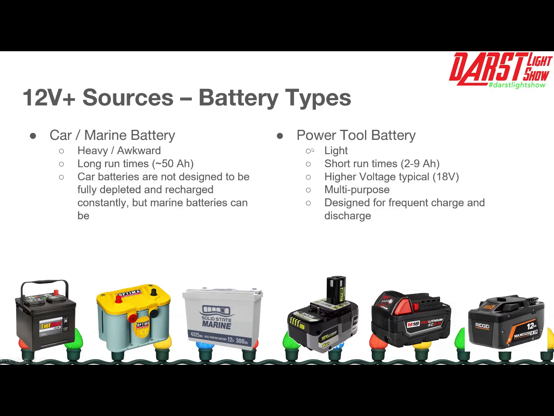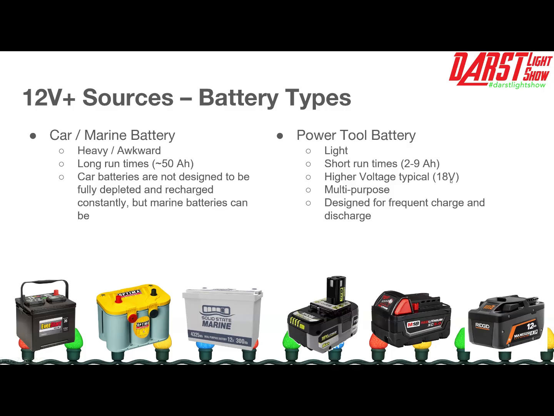However, on the other end of the spectrum, if you want a truly portable show, a really good option is a power tool battery. These are super light, and typically have shorter run times, maybe 2, 6, 9 amp hours. But they also have a higher voltage.